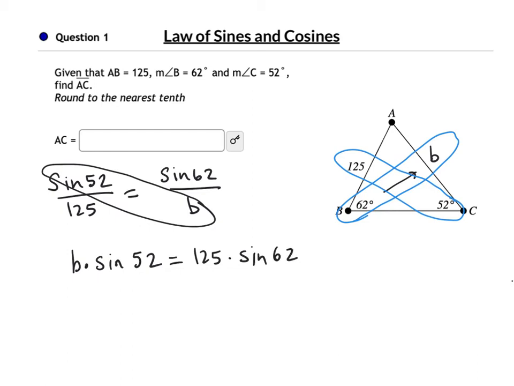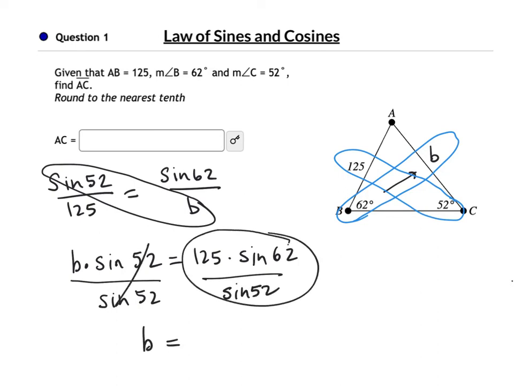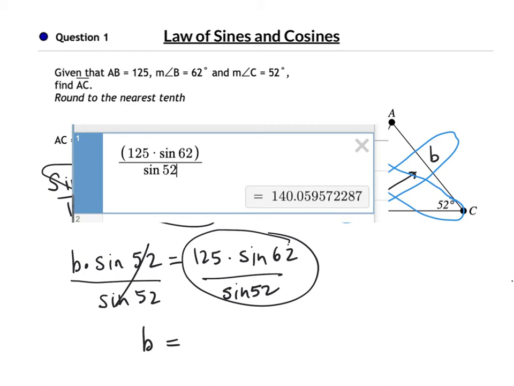I've got times here. I need to get B by itself. So I'll divide both sides by the sine of 52 and cancel. And I'll put this in the calculator, making sure that it is in degrees, not radians. The length we are looking for then is to the nearest tenth, 140.1.